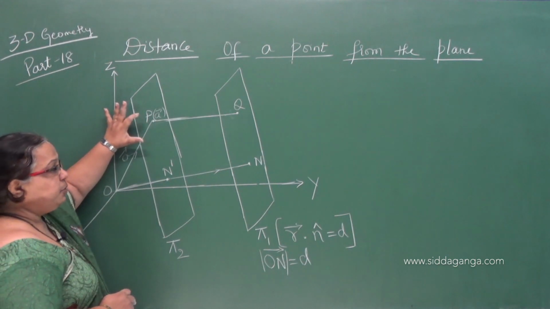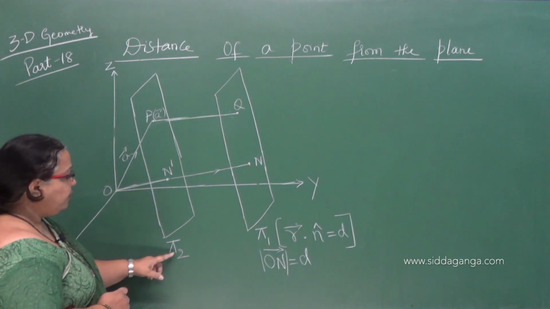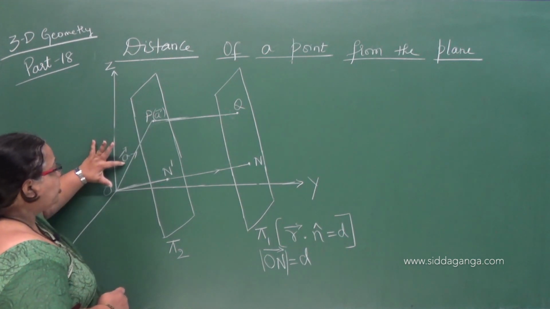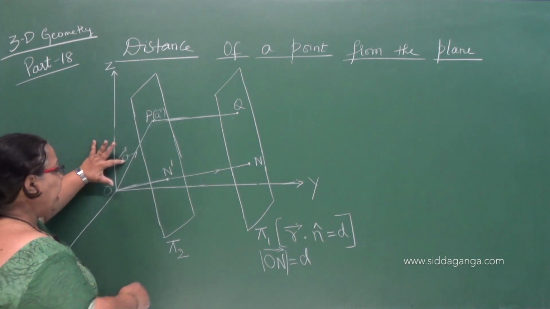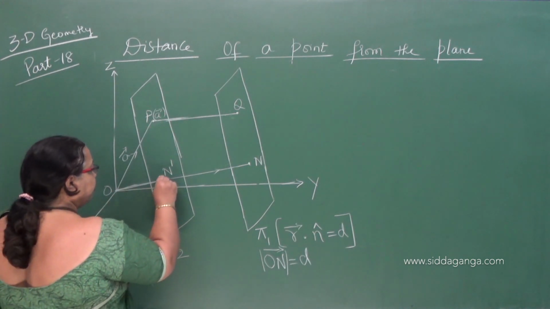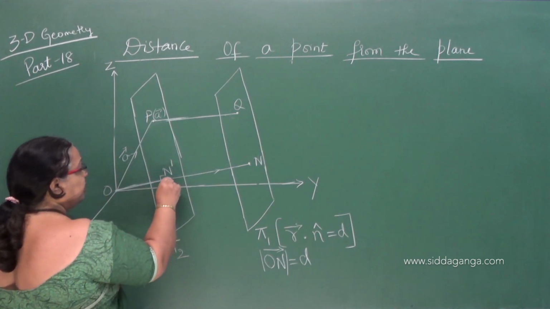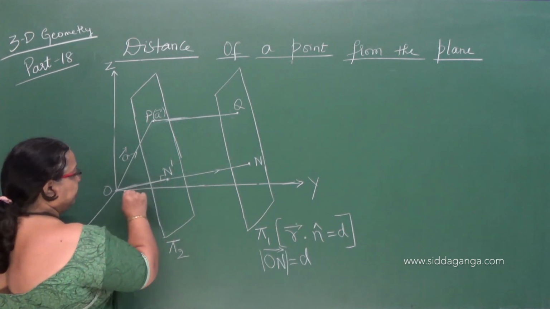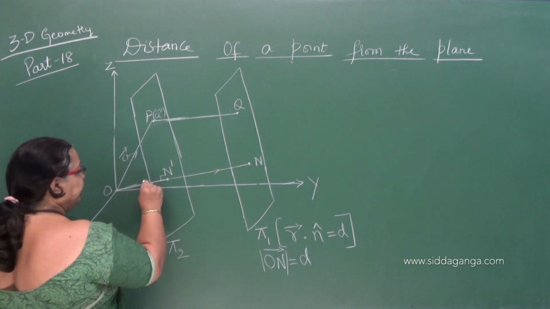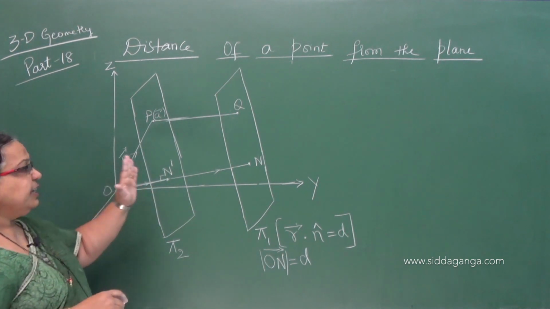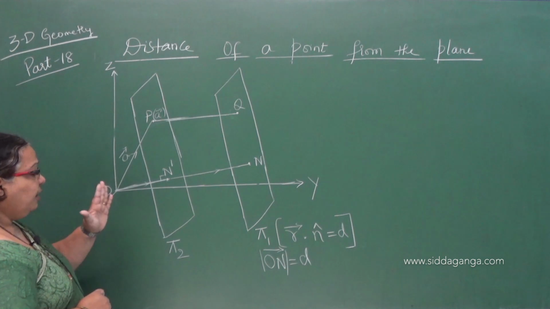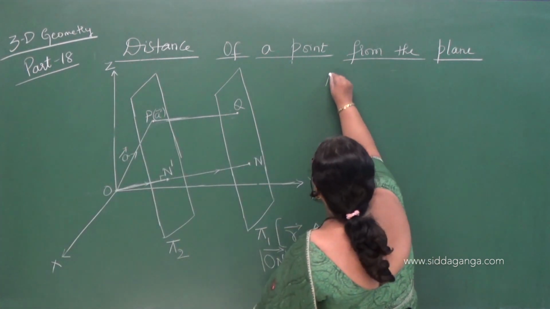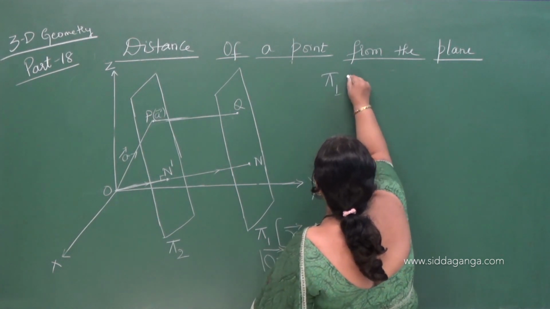According to theorem 2, the equation of the plane passing through the point A whose position vector is vector A and perpendicular to the normal vector, that is ON dash, vector ON dash.